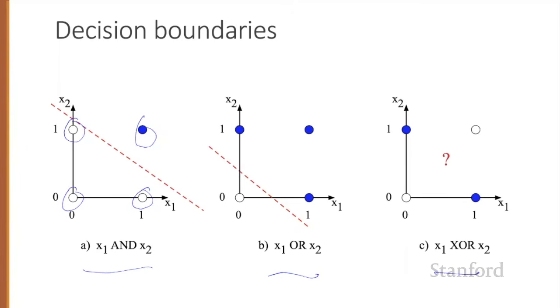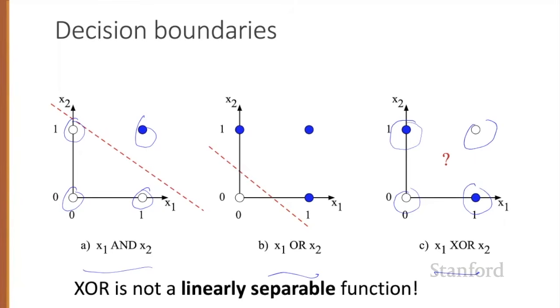Notice for XOR that there's simply no way to draw a line that separates the positive cases of XOR, 0,1 and 1,0, from the negative cases, 0,0 and 1,1. We say that XOR is not a linearly separable function. Of course, we could draw a boundary with a curve or some other function, but not a single line.